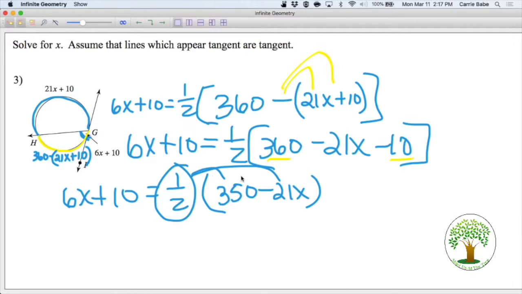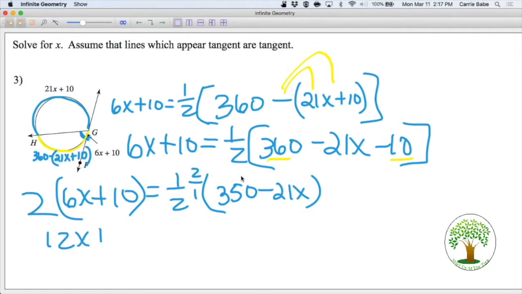And personally, I don't want a fraction. That kills me. So I'm going to multiply by 2 over 1 on both sides. Then I won't have a fraction. Is that okay? So I'll have 12x plus 20 over here and 350 minus 21x. I like that better because then I don't have a fraction. You can do it the other way. It's not going to hurt.